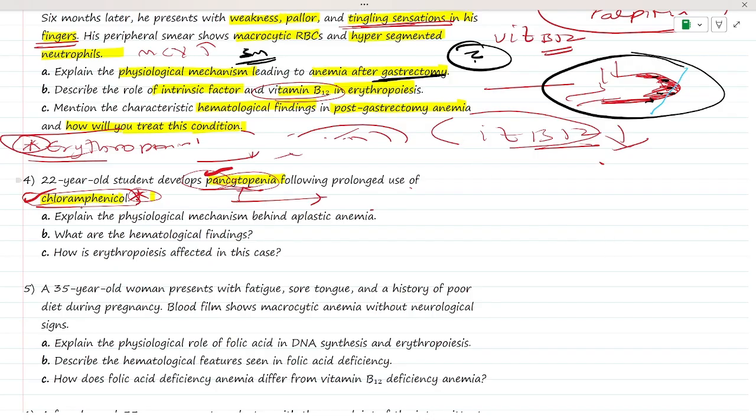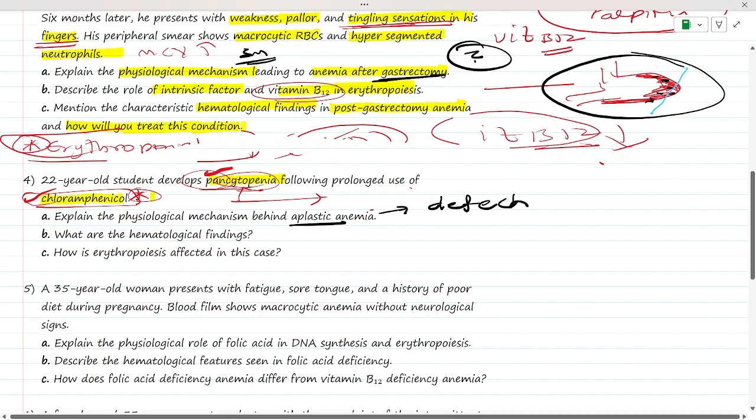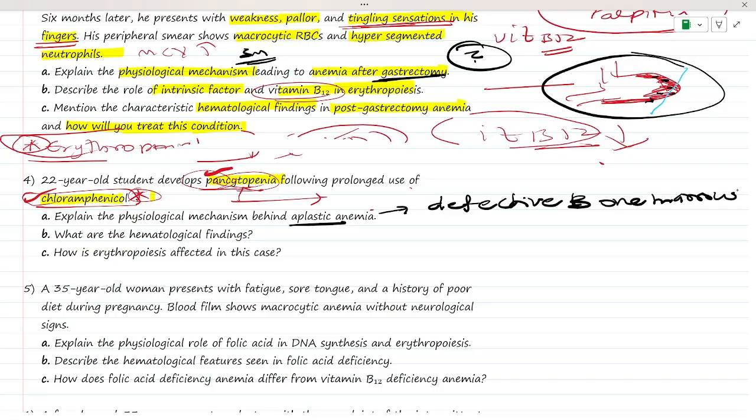Now first let us talk about the physiological mechanism behind this aplastic anemia. So first, what is aplastic anemia? It is the anemia caused due to the defective bone marrow.